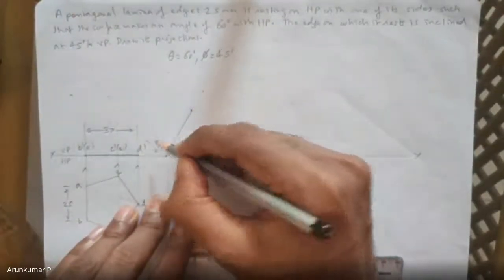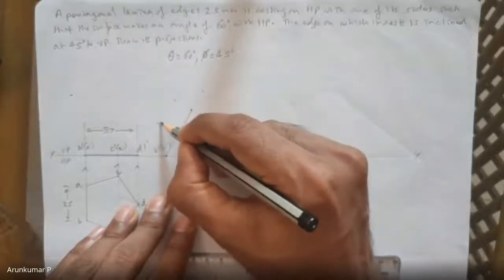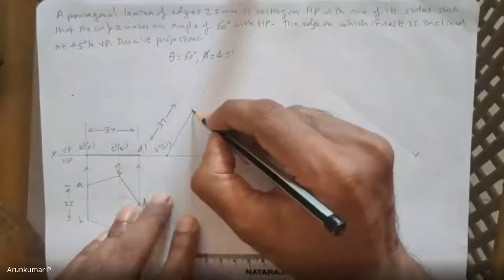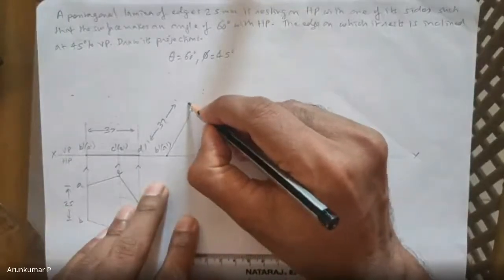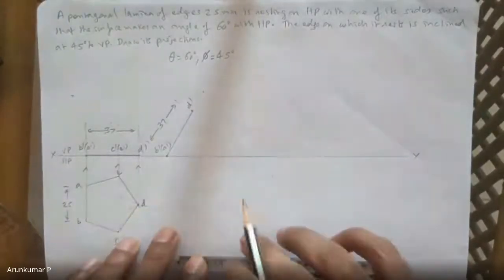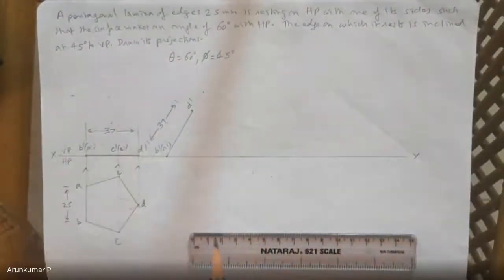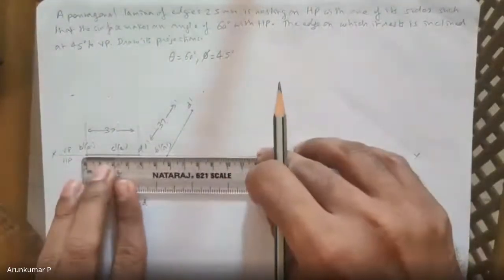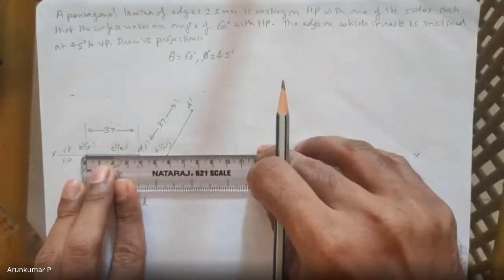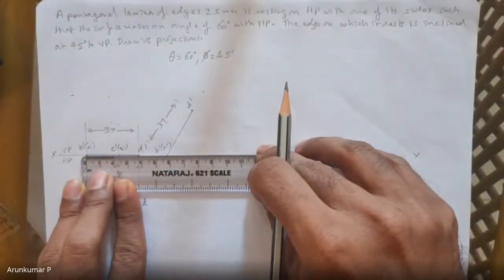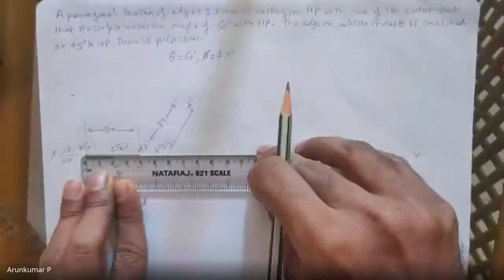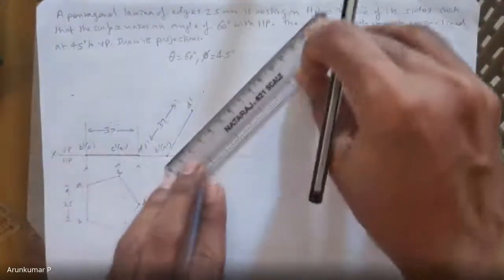So the length of this line is 37. This corner is D dash, and now you need to locate C dash E dash also. So you can measure the length from B dash A dash to C dash E dash, which is around 23 mm. Yeah, and locate it here.